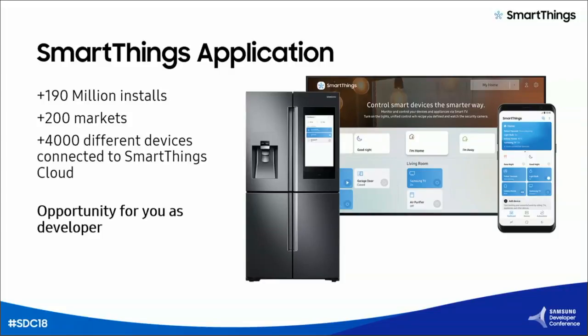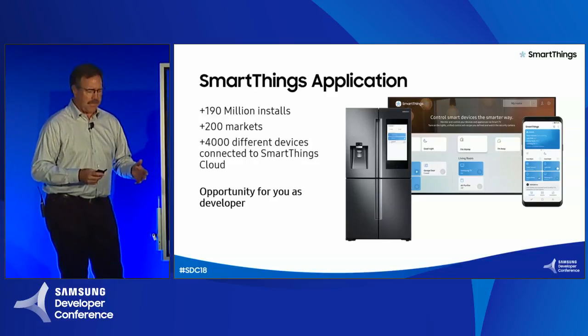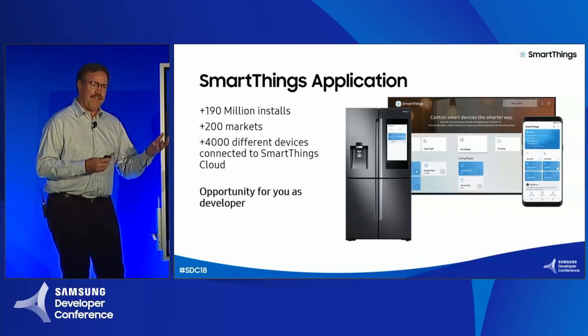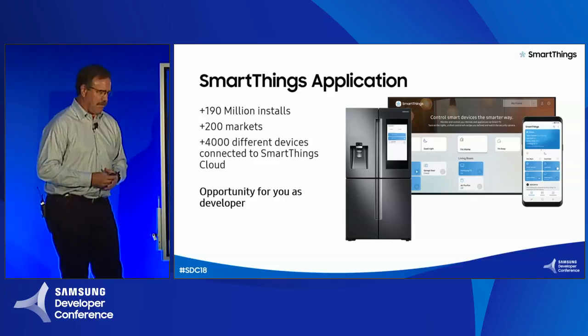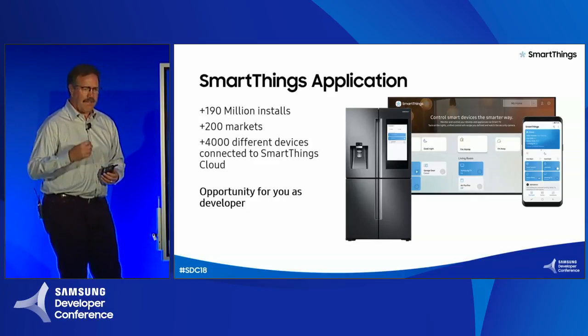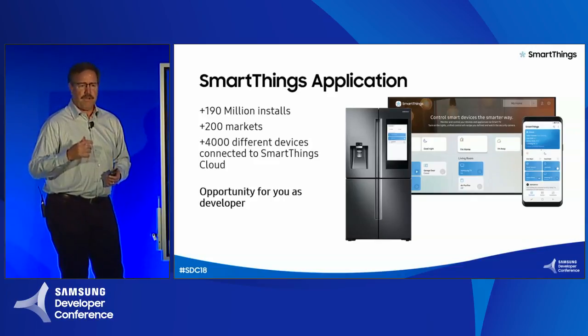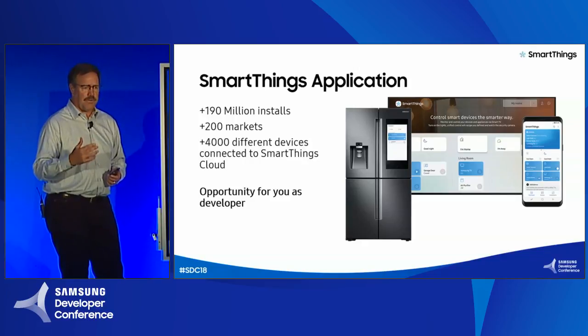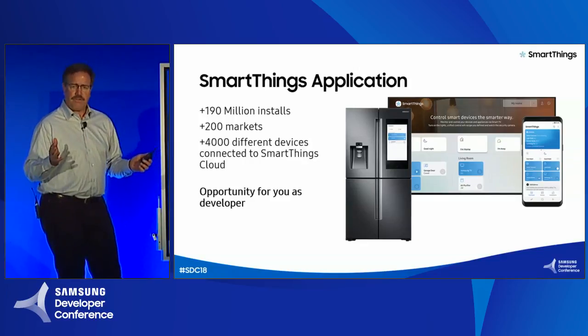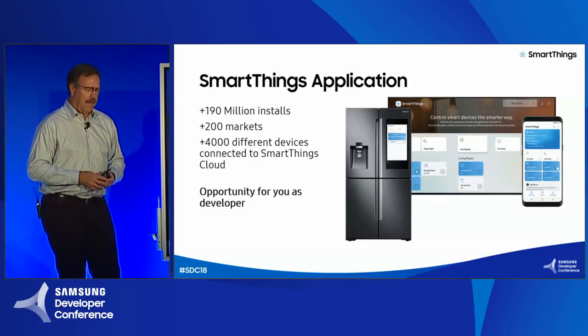But one of the key components of the SmartThings ecosystem is the SmartThings application, and I think you've heard about it at the keynote. Sarah and Jim talked about it a little bit beforehand, but really this is the fundamental core of the ability to install devices, control devices, set up automations for your devices within the home, and really be able to have generalized kind of control around that.